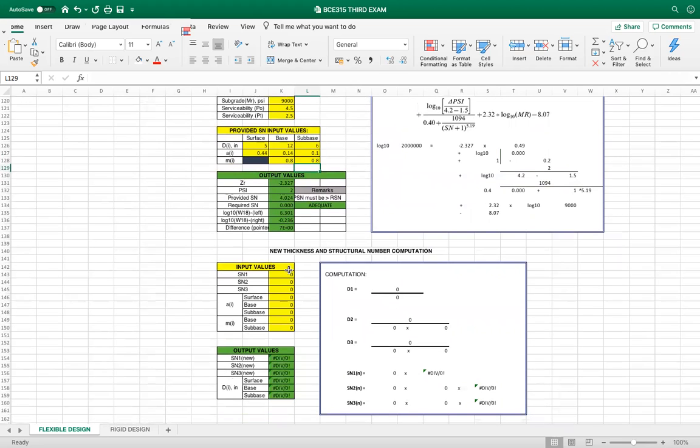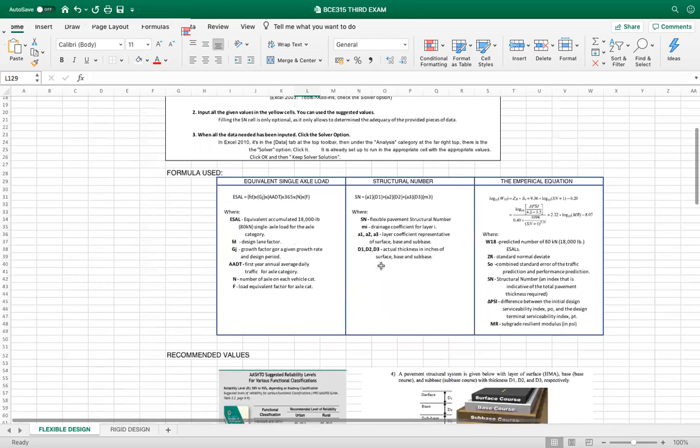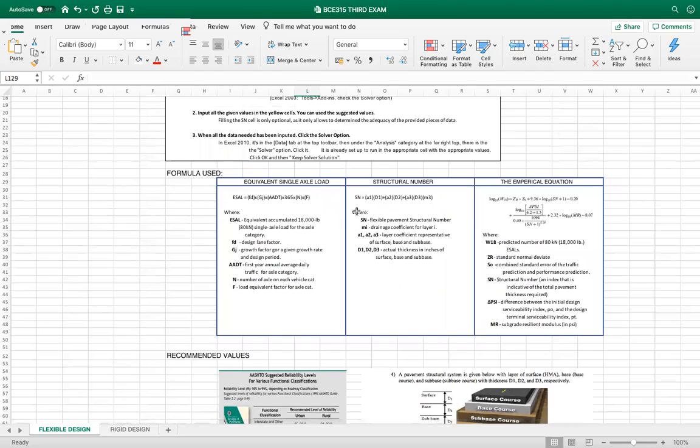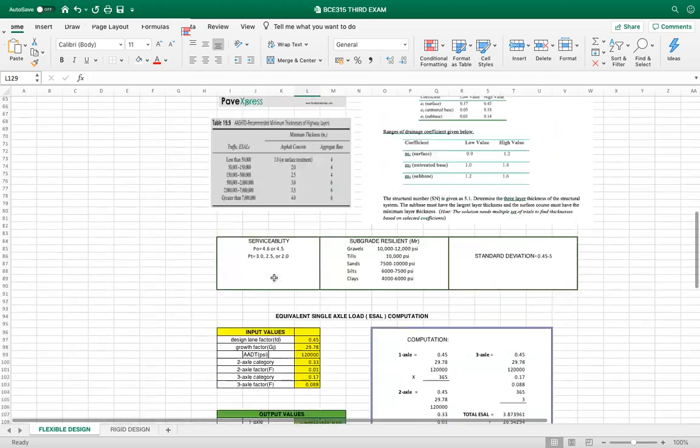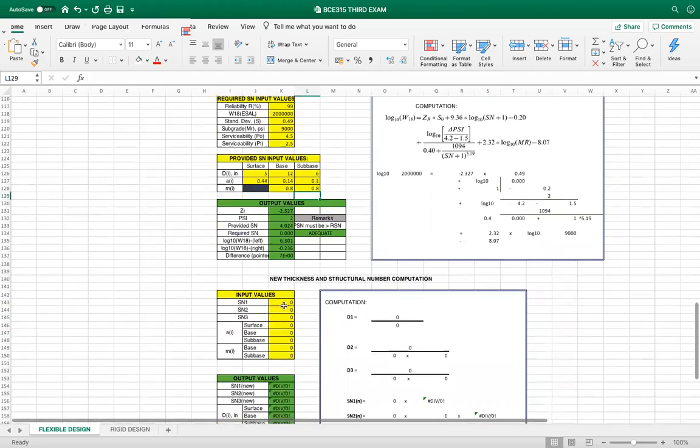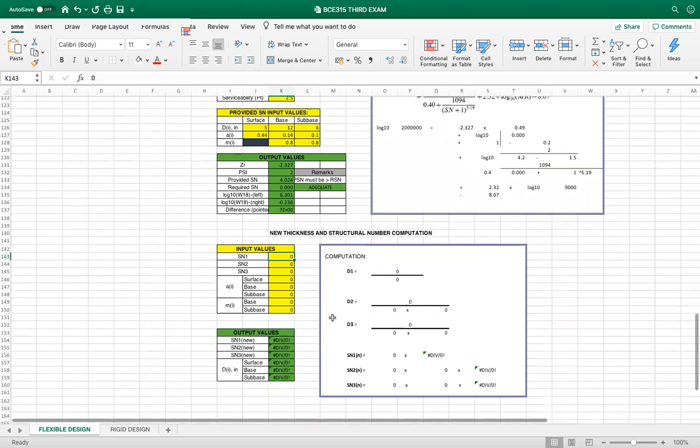Now the third one we need to compute is the new thickness and structural number computation. SN1 would be 2.6.